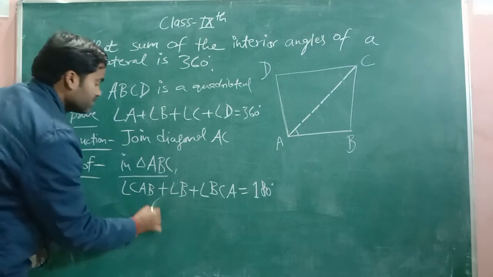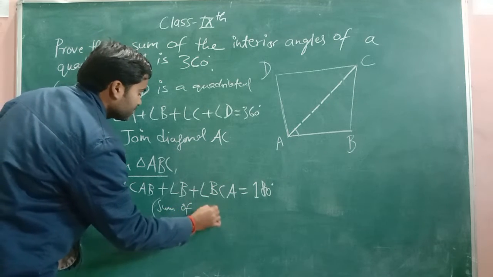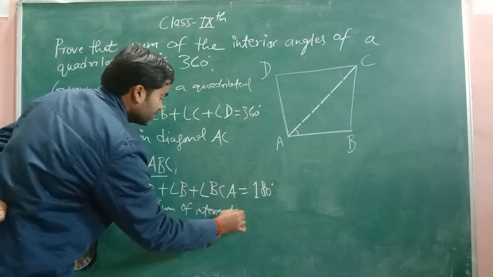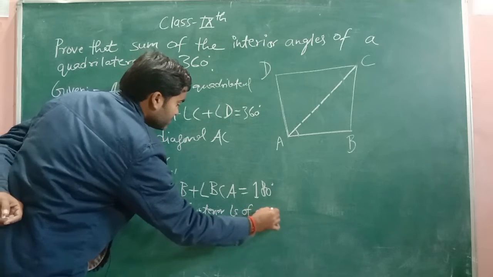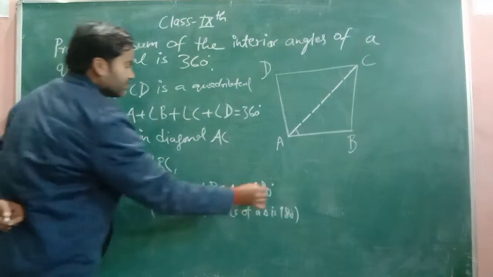Angle sum property: sum of interior angles of a triangle is 180 degrees. This is equation first.